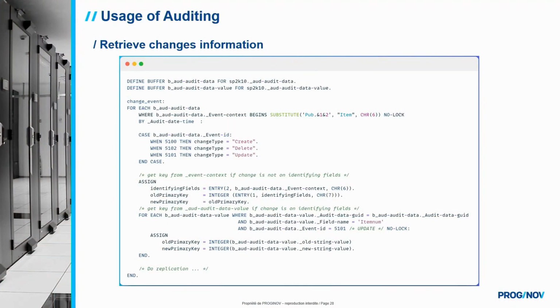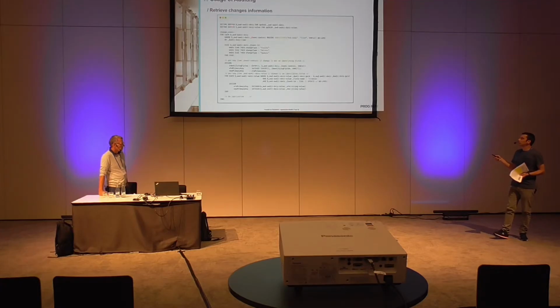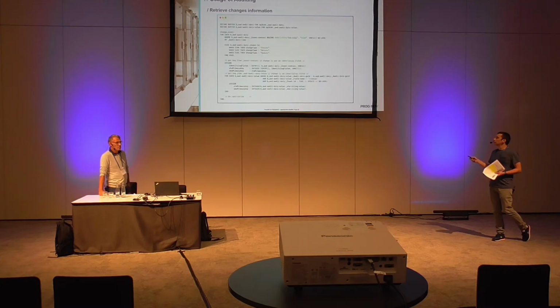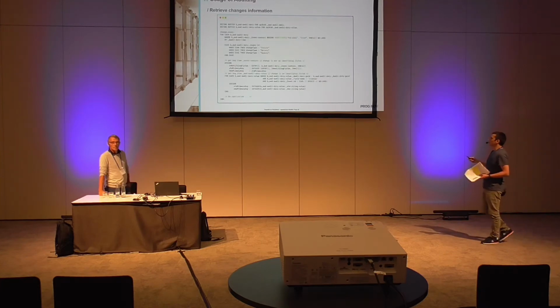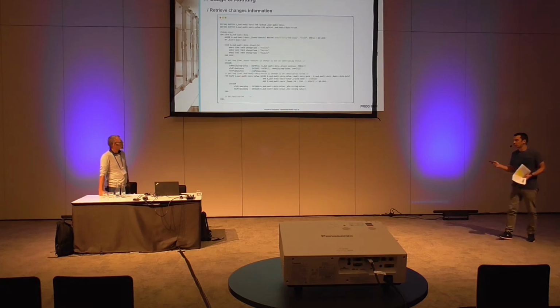So same way as CDC, if we want to retrieve all the information and do the replication, we just have to query every audit data record for our tables, and we can get the change type from the event ID and the old and new value of the identifying fields from the event context or from the audit data value.